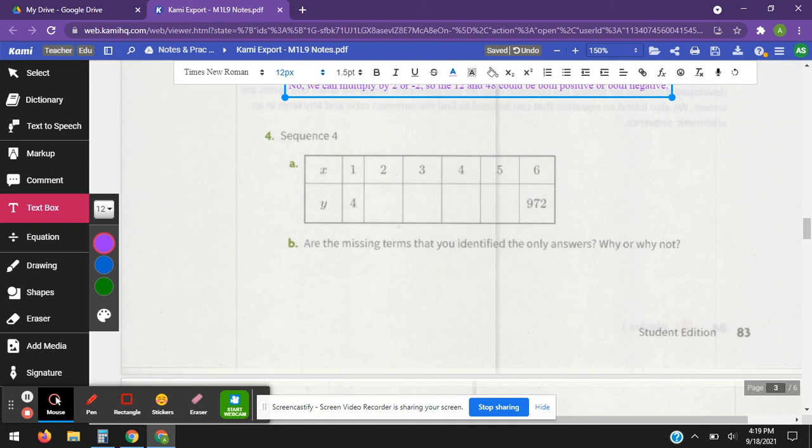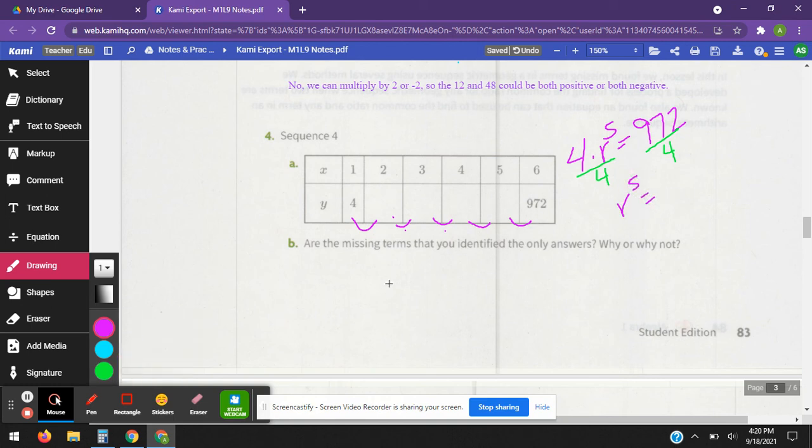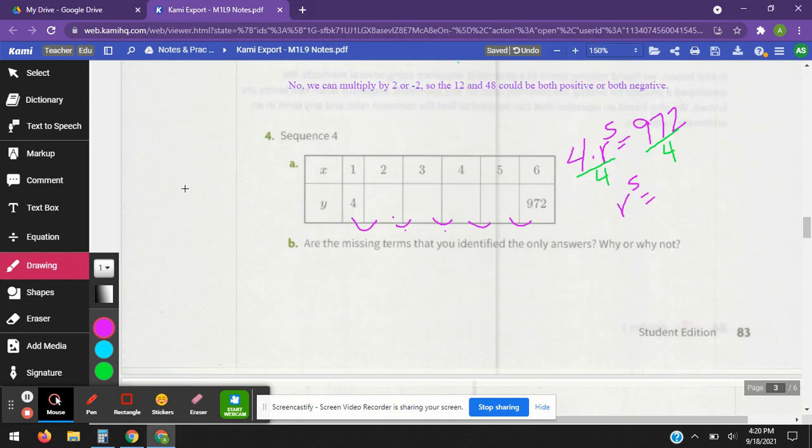So let's see this one. Let's go back to our purple. 1, 2, 3, 4, 5. So I'm just going to go ahead and go 4 times r to the 5th because I know I'm going to have 5 r's to get 972. So it seems like my first step is to get rid of this 4. Got to divide by the 4. So r to the 5th power equals, let's see what 972 divided by 4 is, 243.